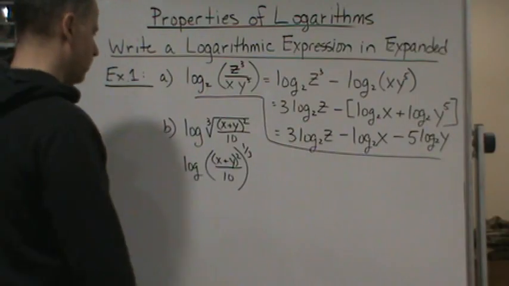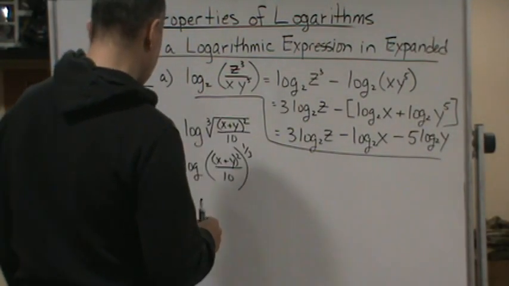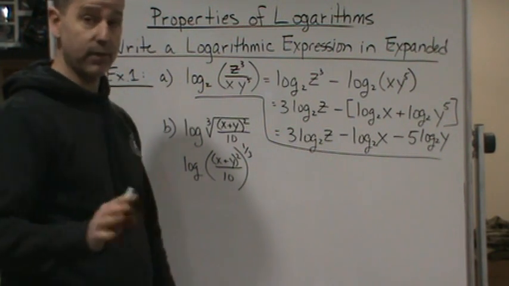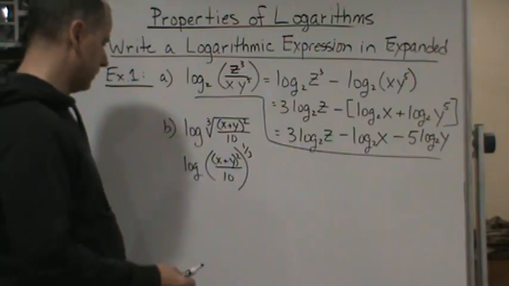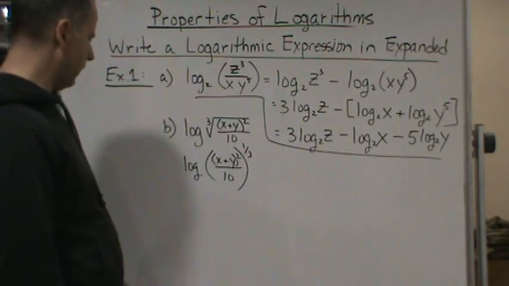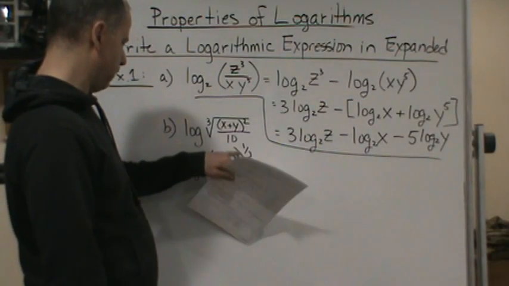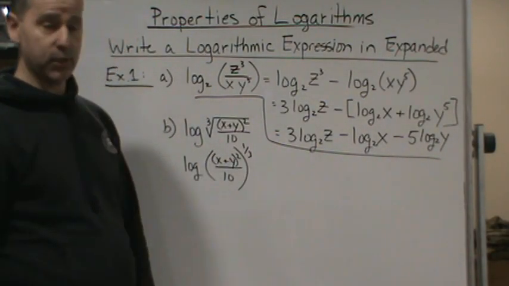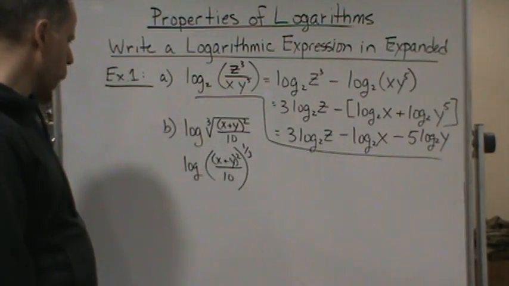Now the next thing I'm going to do is, well, there are different ways of doing this. By the way, there's not just one approach to this, okay? I could use the power rule and pull the log out, or I could distribute the power using the power property of exponents, and I can distribute the 1/3 to the numerator and the denominator.